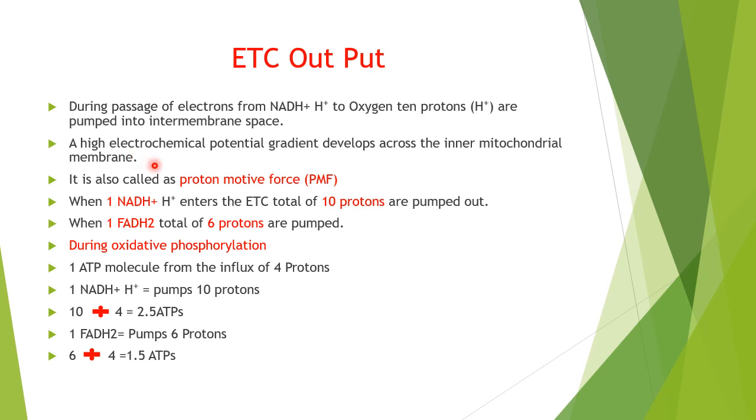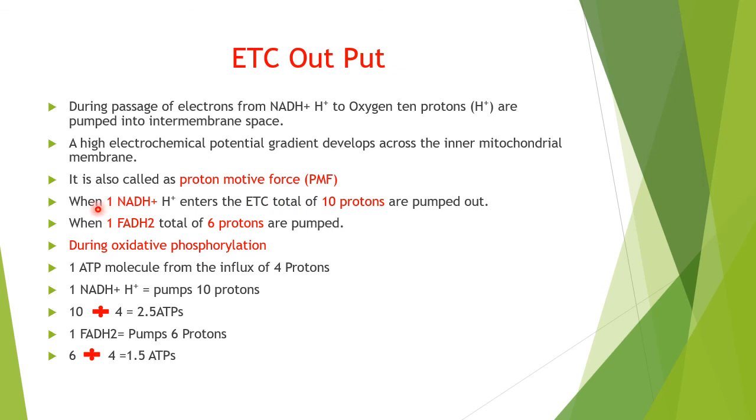This electrochemical potential gradient is also called the proton motive force, PMF, which will be used during the influx of protons downward from the intermembrane space towards the matrix side for generation of ATP, or for coupling of ADP with inorganic phosphate to form ATP.